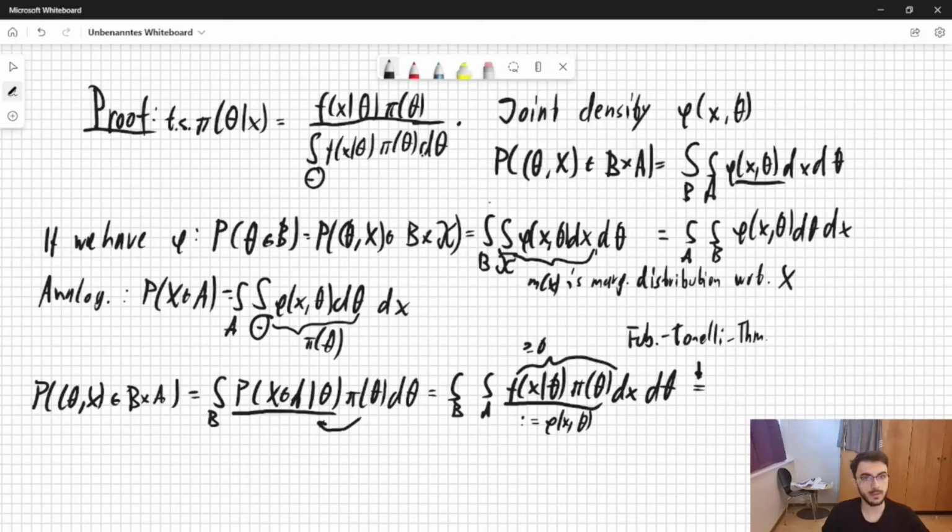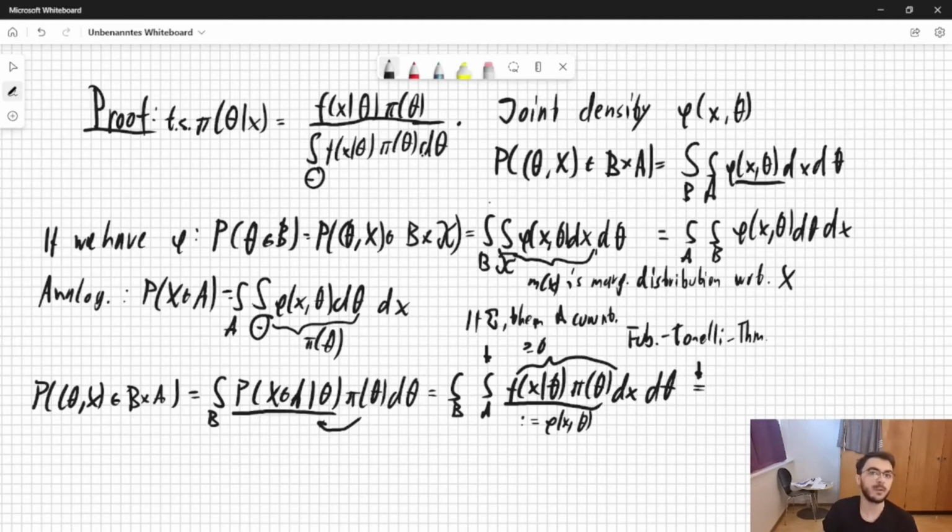In our case, it just means that if we have a sum here, then we want A to be at most countable. Because if A is an interval, we can't really sum, we can't change the order of summation and integration. Same thing for the other integral.